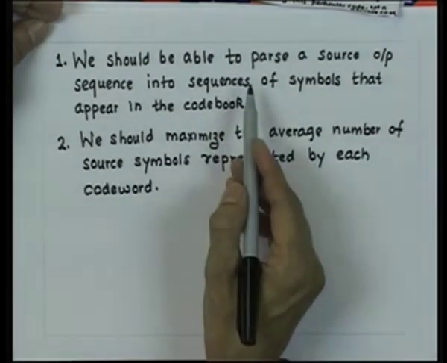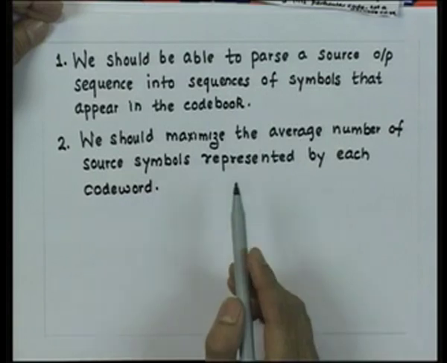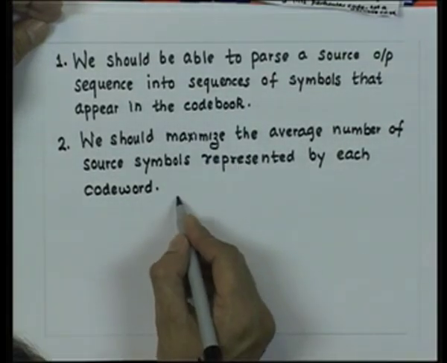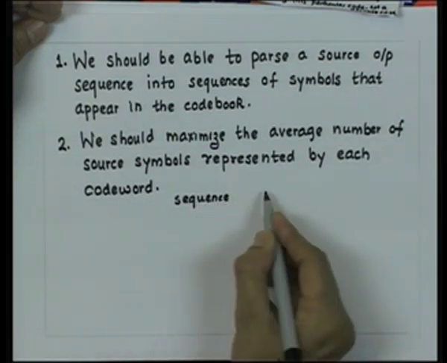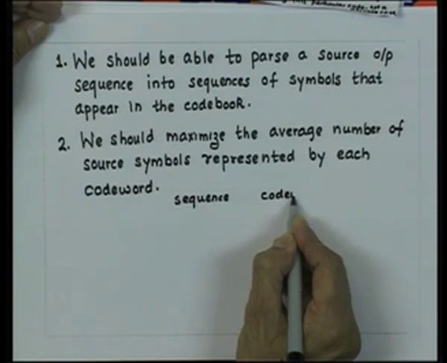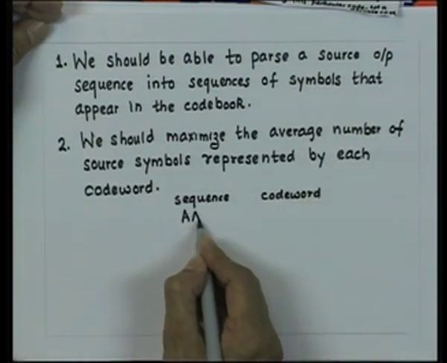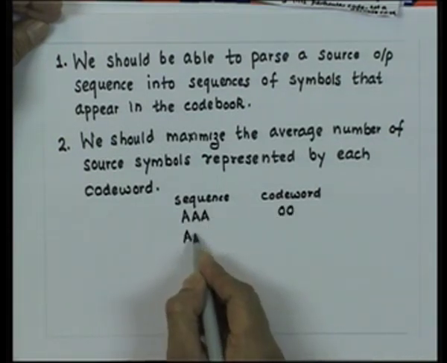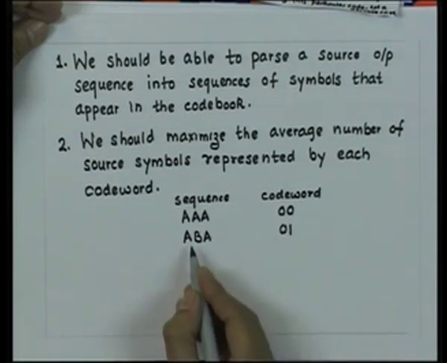Now, in order to understand what we mean by the first condition, consider the codes shown in the table below. I have a sequence here and the code word as follows. For A, I have 00. For ABA, I have 01.